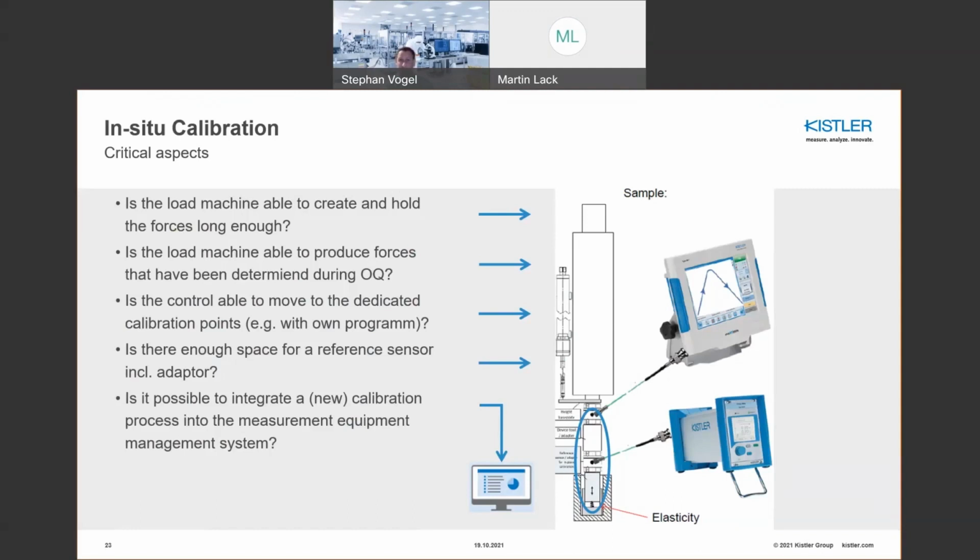Finally, this is now more the data part. This calibration process and the values you get out of it need to be allowed by your quality management system. This is up to you, up to your quality management system and your measurement principles. But if these points are fulfilled, nothing speaks against an inline calibration with all its advantages.